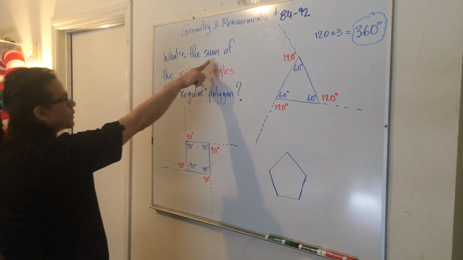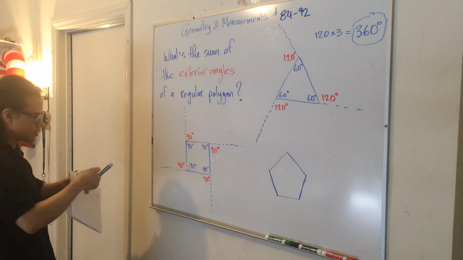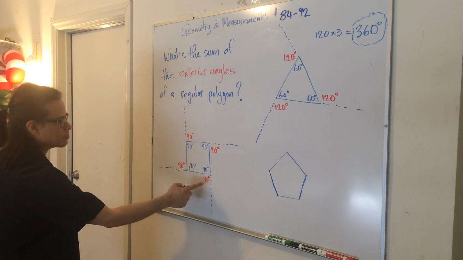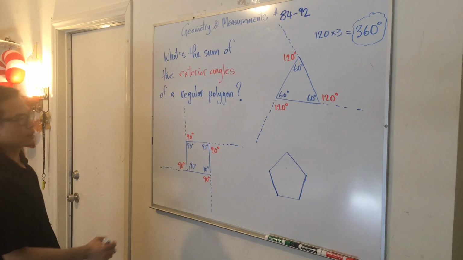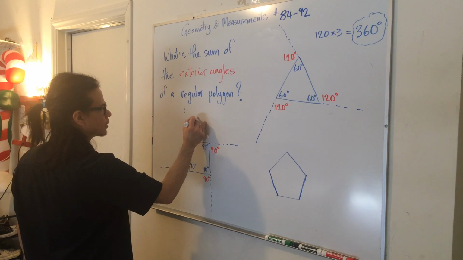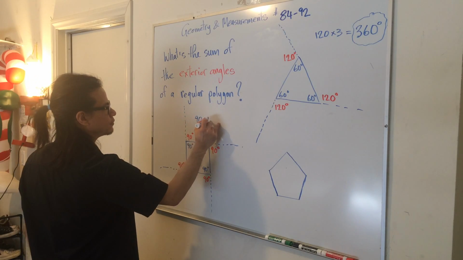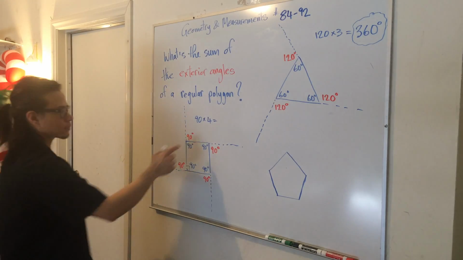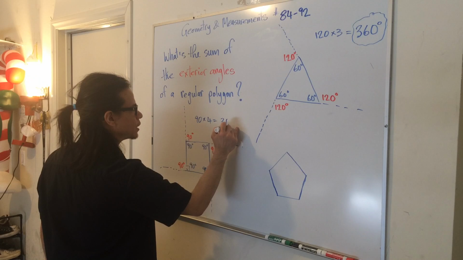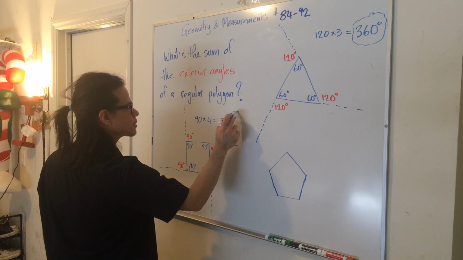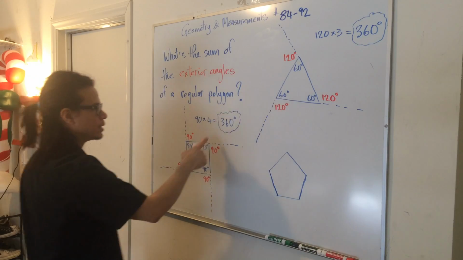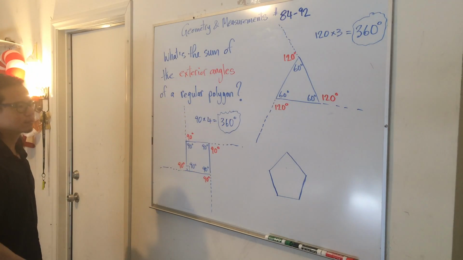So now if you were to find the sum of the exterior angles of a square, we're going to take 90 plus 90 plus 90 plus 90. So we can say 90 times 4 equals what? If you say 360, you are correct. So notice that the sum of the exterior angles of the triangle and the square is the same.